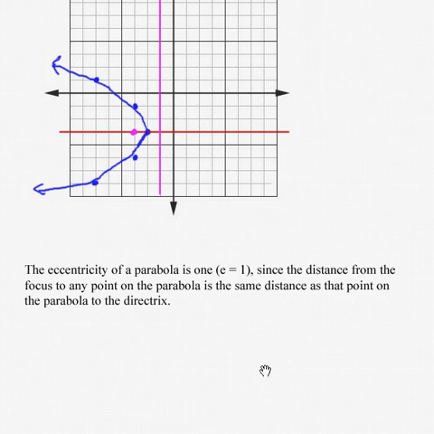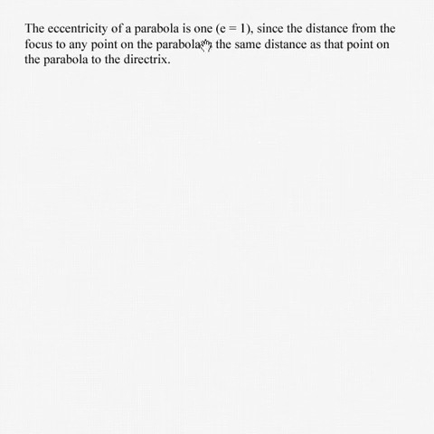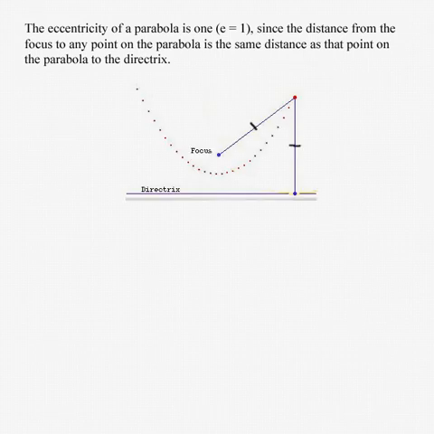Alright, the other thing we need to know about all the conic sections, including parabolas, is eccentricity. And in this case, the eccentricity of a parabola is 1. The distance from the focus to any point on the parabola is the same distance as that point to the directrix.